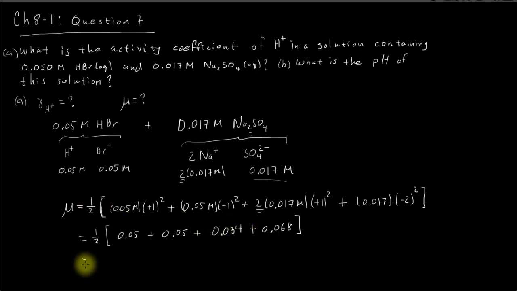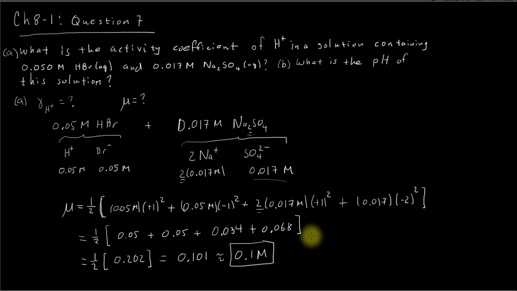So now we need to add up all those numbers, and then we're going to divide by 2. So 0.05 and 0.05 gives me 0.1. And then we add 0.034 and 0.068 to that, and we're going to get 0.202. Then when we divide that by 2, we get 0.101, which is pretty close to 0.1 molar. And that's good because that's a value that we have in our table.